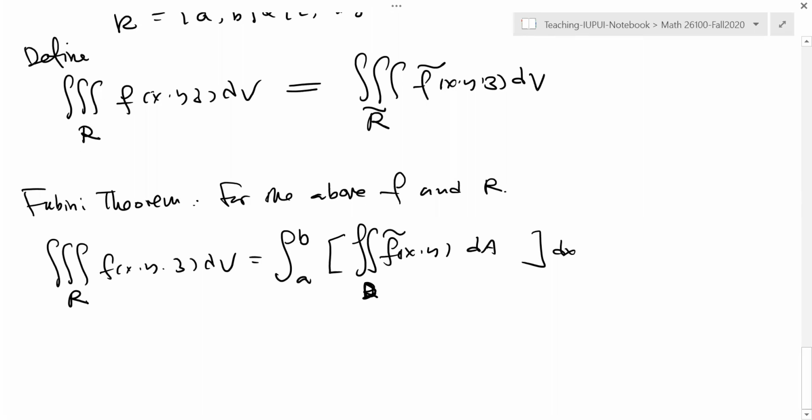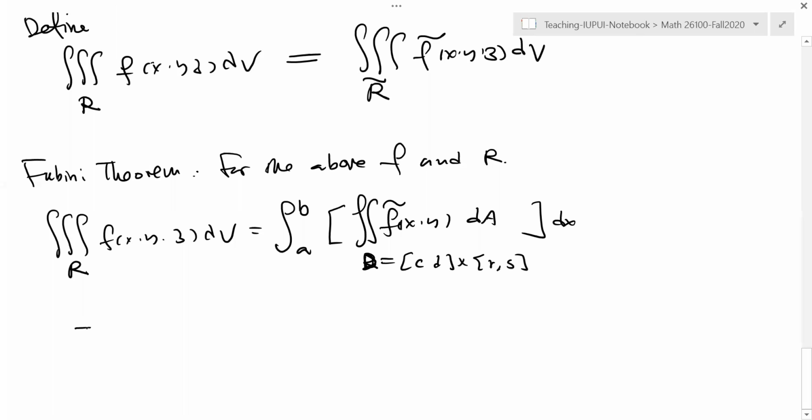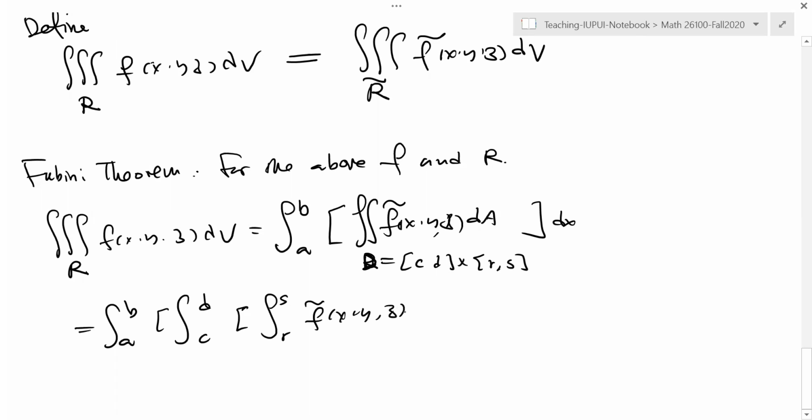What is D? D is CD cross RS. Then you can continue the three layers here, with F2 of x, y, z, and that would be dz, dy, and dx.